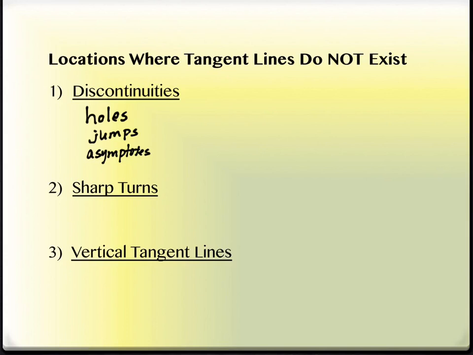So, visually speaking, a hole looks like this, with a little spot here that's not existing. There's a hole. If you have a jump in the graph, you may have something like this, and then it comes up here, and then it does something else. It's a jump in the graph. And then, of course, asymptotes come from rational functions, so they might look something like this.